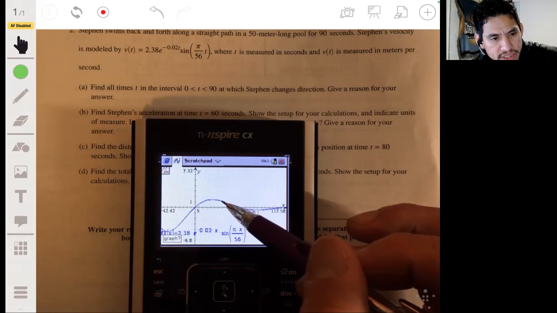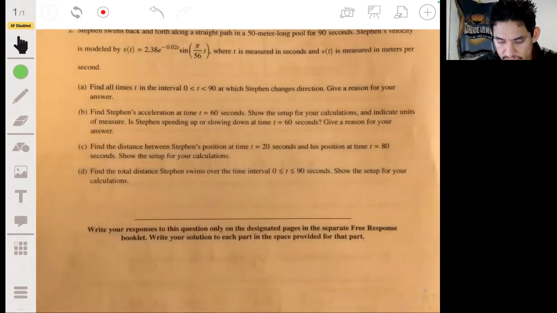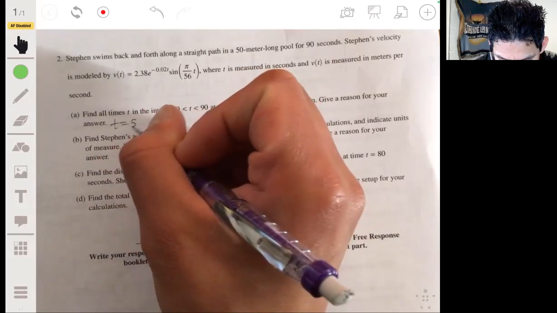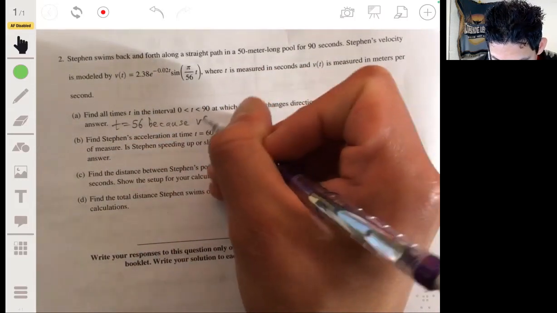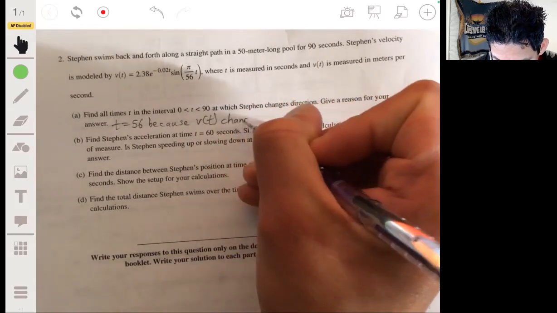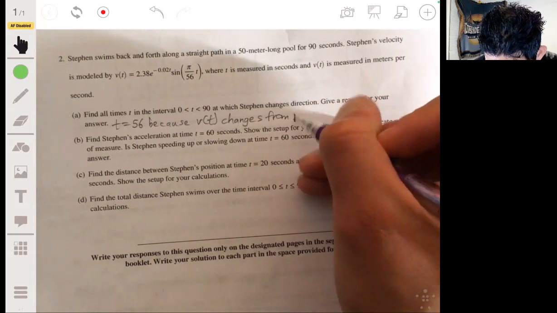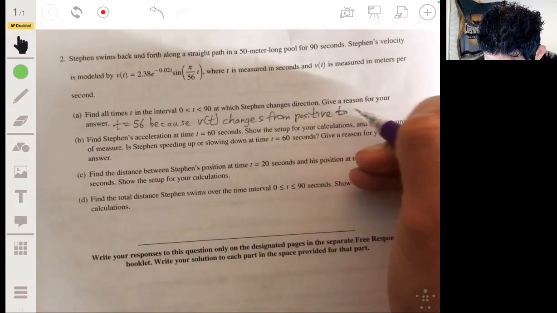So velocity changes from positive to negative at 56 seconds on that interval from 0 to 90. So it's only going to be there. And we can just say, because v of t changes from positive to negative here.